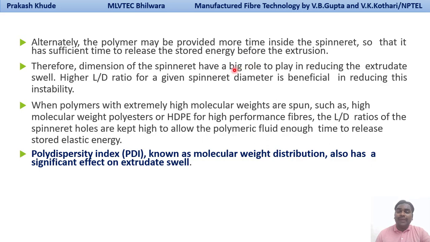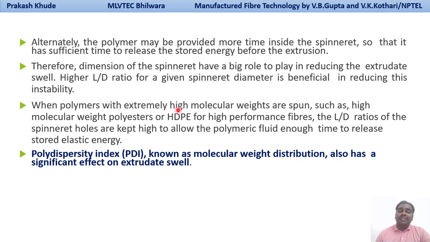Therefore, the dimension of the spinneret has a big role to play in reducing extrudate swell. A higher length to diameter ratio for a given spinneret diameter is beneficial in reducing this instability. So this dimension of the spinneret is one of the most important in reducing extrudate swell. If you increase the length to diameter ratio of the spinneret, that results in reduced instability and reduced extrudate swell.